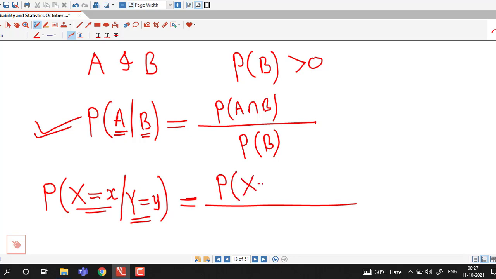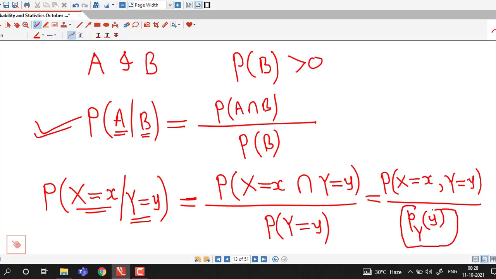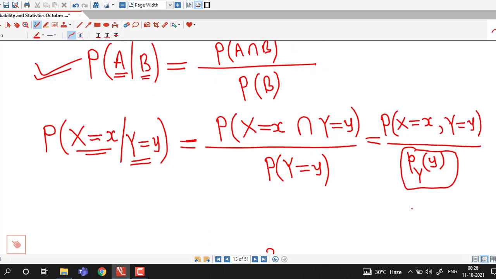So this is equal to probability of the intersection of these two events, X equal to x, Y equal to y, divided by probability that Y equal to small y. We can write this as probability that X equal to small x, Y equal to small y, divided by the value of marginal probability mass function of random variable Y. Now if this value is positive, then this is valid.